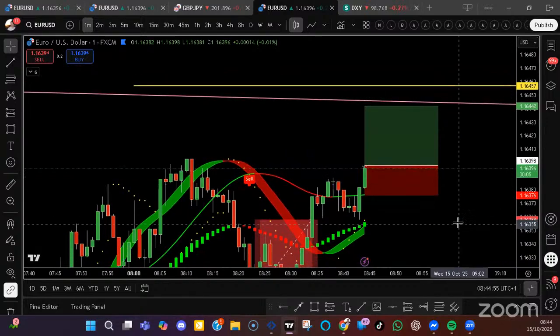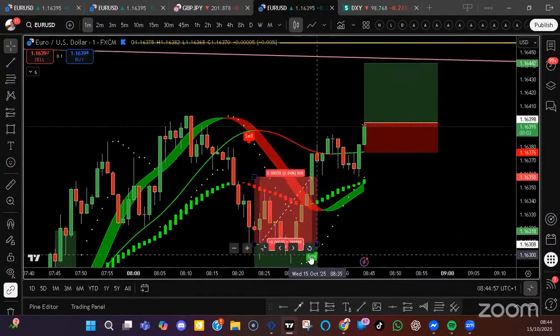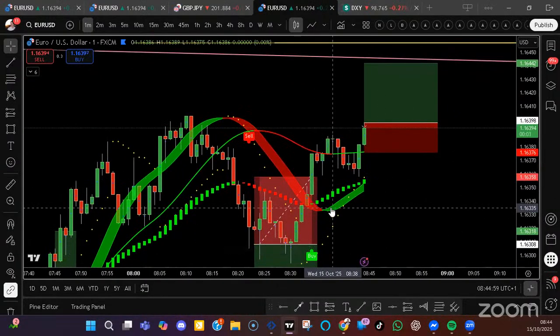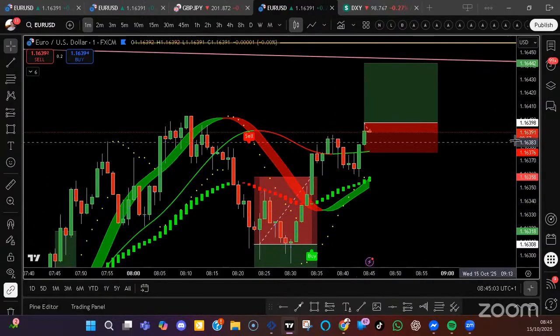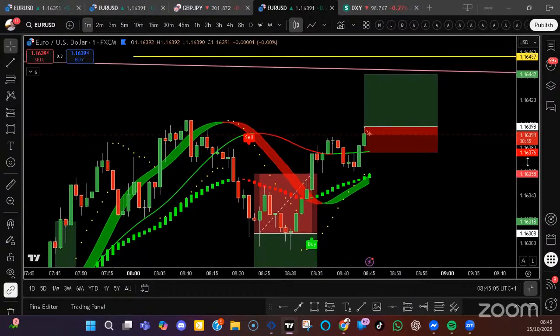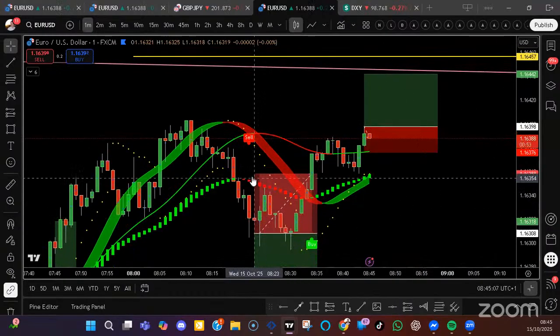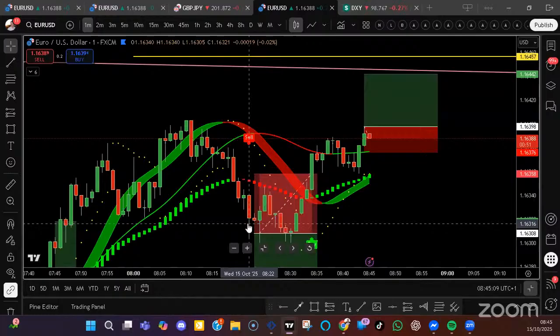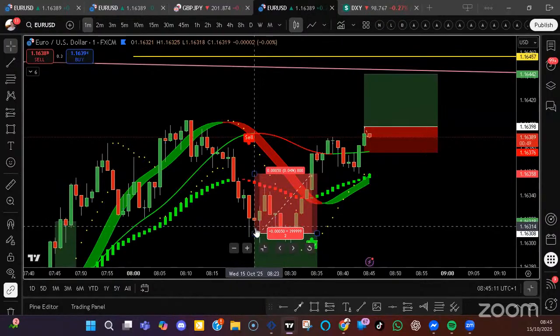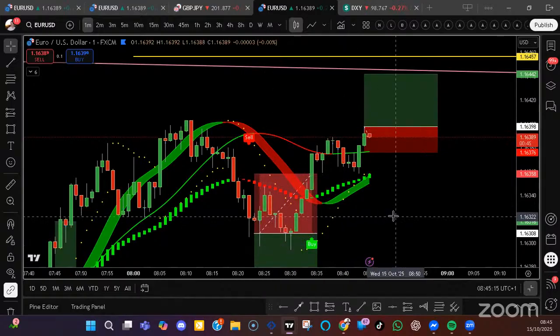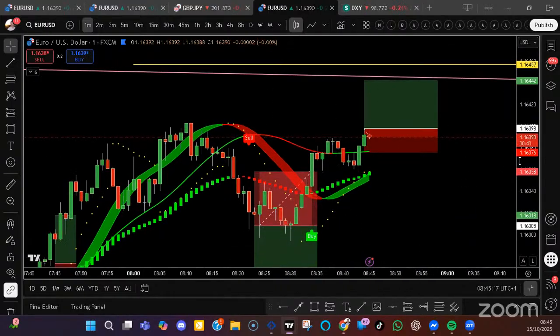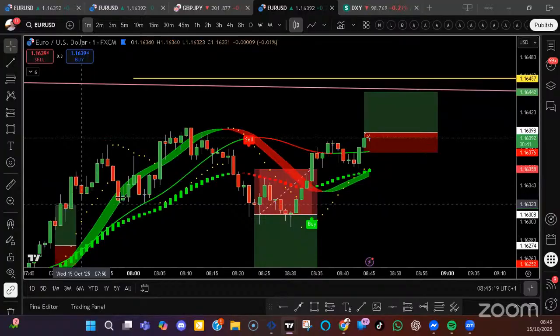Let's get this buy alert in, because we've got the buy alert, green wave, green trend. We could end up with that sort of scenario there, but the general bias is a buy. We're steadily going up.